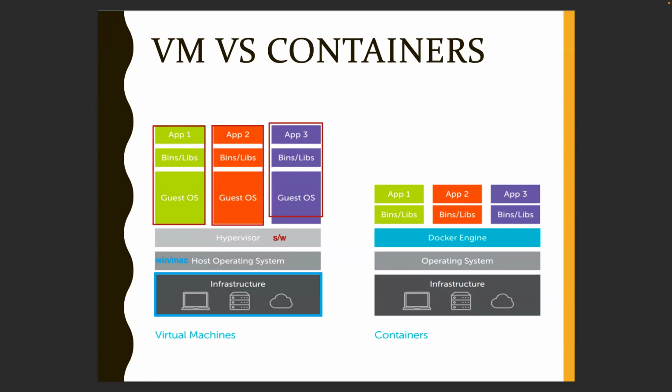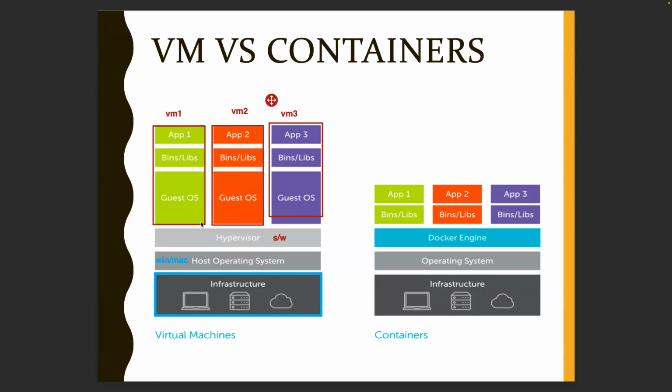Multiple machines like VM1, let's assume this is virtual machine 1, this is virtual machine 2, virtual machine 3. If you look into it, every machine will have its own operating system. Why its own operating system? Just like I told you, it works and runs like a normal machine, so it should have its own operating system.